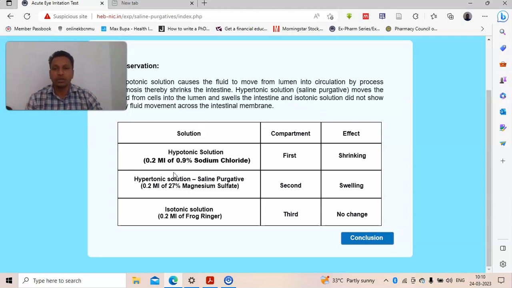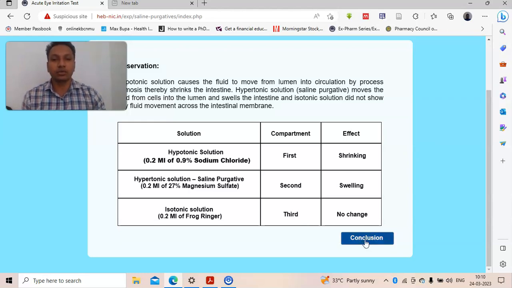This kind of observation table you can note in your notebooks. The hypotonic solution in the first compartment has a shrinking effect. The hypertonic solution, comprising 27% magnesium sulfate, has a swelling effect, that is the osmotic effect, and the isotonic solution does not show any change in the osmotic pressure.